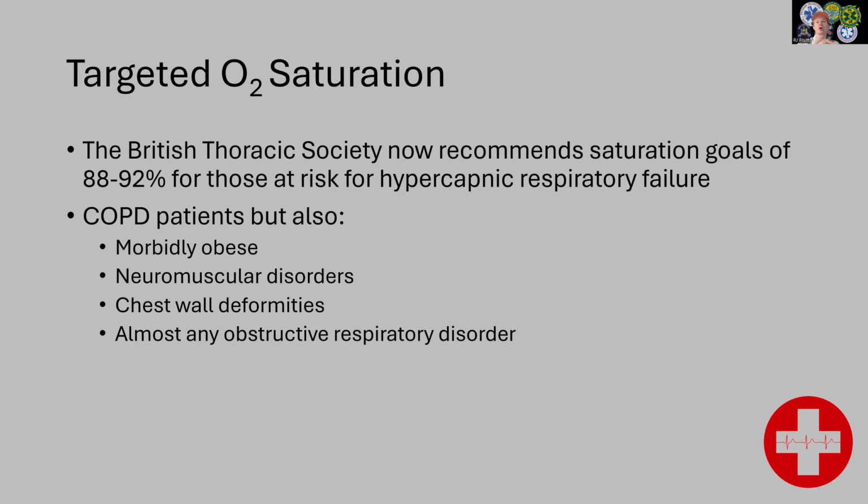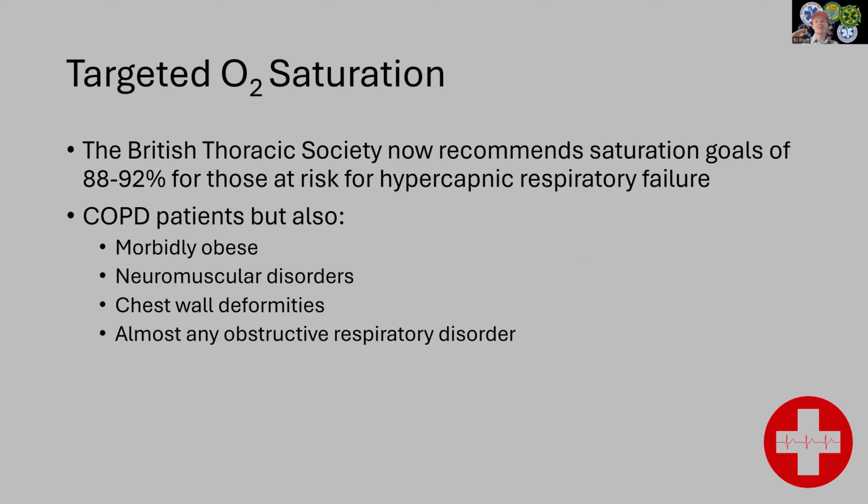Morbidly obese patients also are going to have a hard time ventilating out carbon dioxide because they have a physical obstruction, extra weight pushing down on their lungs. And then neuromuscular disorders, chest wall deformities, all these things that involve making it difficult to get air out.